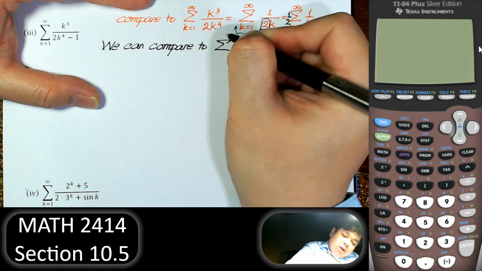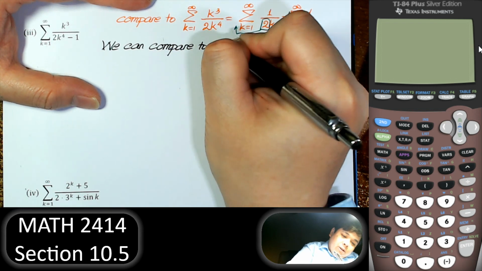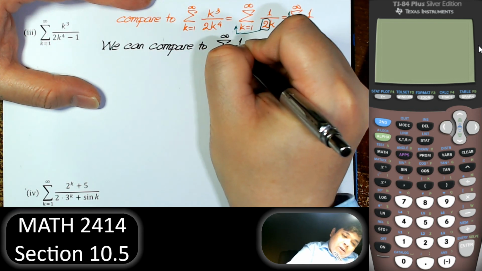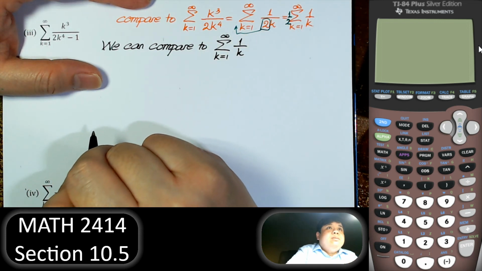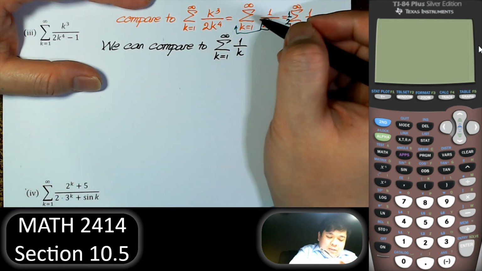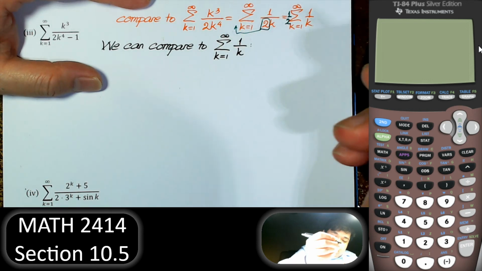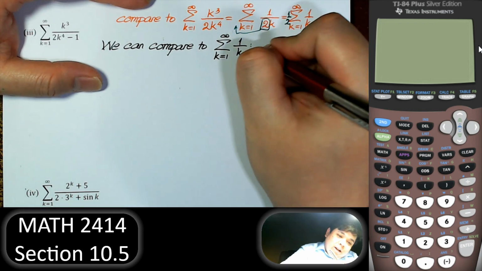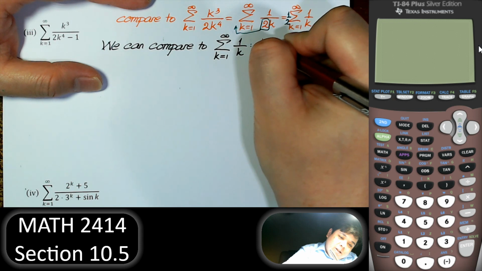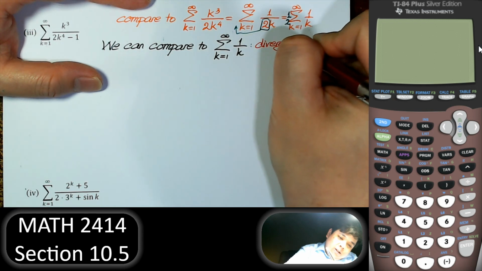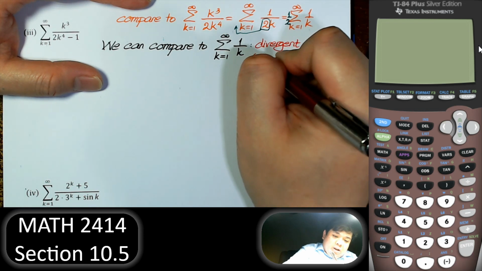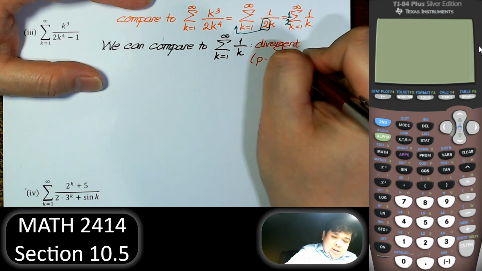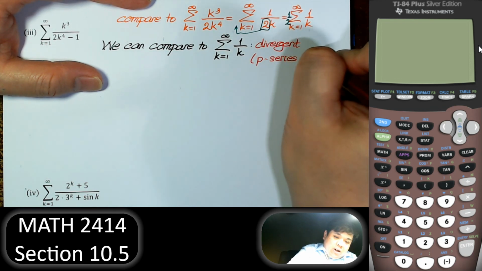So we'll compare to 1/k. And this one is divergent because of the harmonic series, or because of the p-series with p equal to 1.